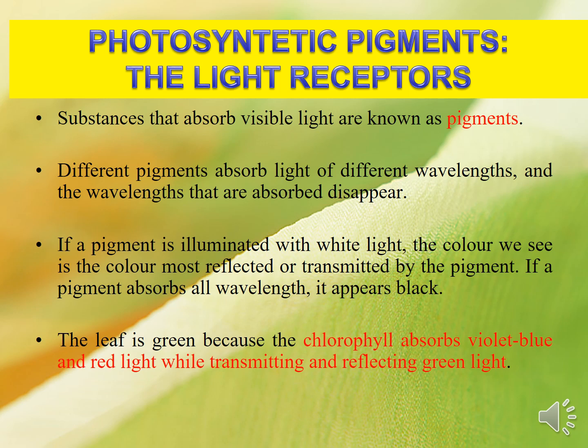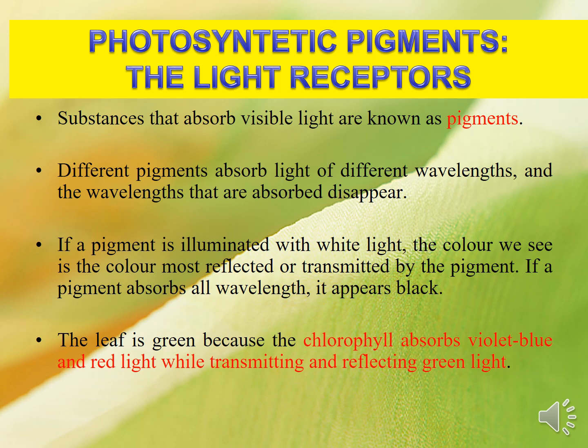The most important part regarding the reflection of color is why the leaf color is green. Because their chlorophyll absorbs the violet, blue and red light, and transmits and reflects mostly the green.